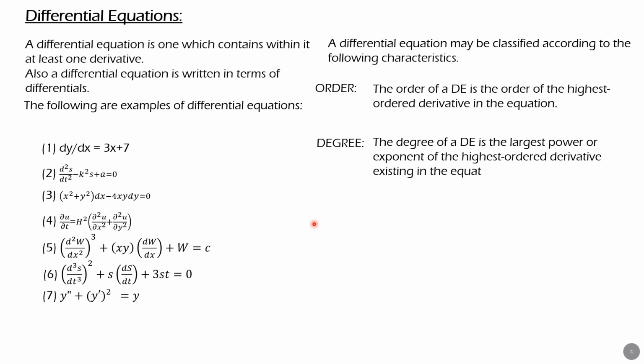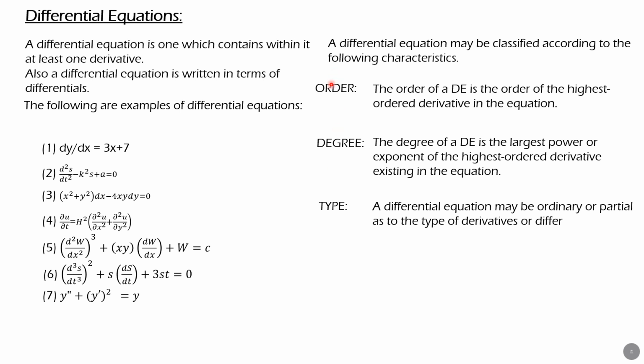Next, a differential equation may be ordinary or partial as to the type of derivatives or differentials appearing in the equation. So we have these characteristics of differential equations: order, degree, and type.